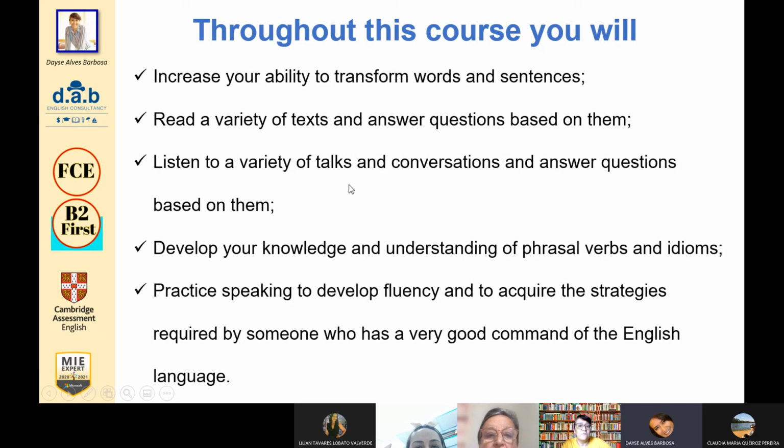You're also going to listen to a variety of talks and conversations for the listening comprehension exam. You will be able to develop your knowledge of phrasal verbs and idioms. I'm going to introduce you to many, and of course there will be speaking practice that we're going to start next Saturday. My intention is to start it next Saturday with radio speaking, but I'm going to do it in a different way.